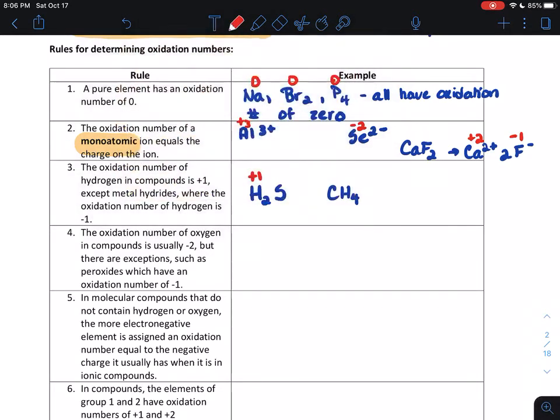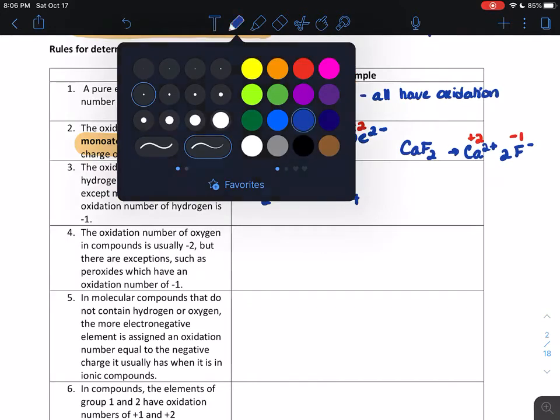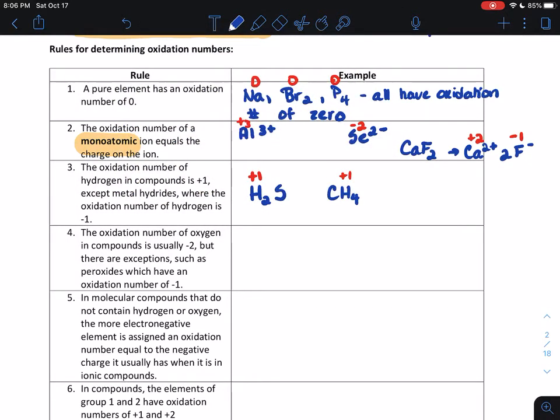Again, the oxidation number of that hydrogen is +1. Remember, this is a molecular compound. There are no charges here, but when you see a hydrogen, it's going to be +1. So when isn't it +1? It is when it is acting as a negative ion. The example here, NaH. Do you see that sodium is going to be my positive ion and hydride is going to be my negative ion?